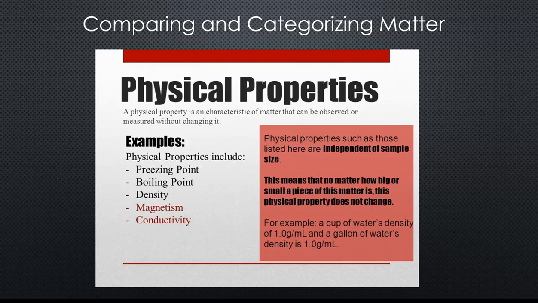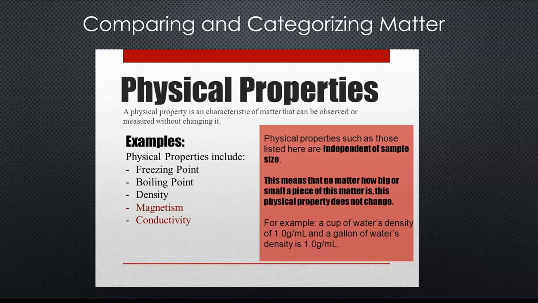Now, another thing that we know about physical properties, if I take a sample of something, so say I were to take a copper wire, with the exception of measuring its length or its shape, it doesn't matter how big or how small that sample is. That whole sample, all of it is going to have the same freezing point.